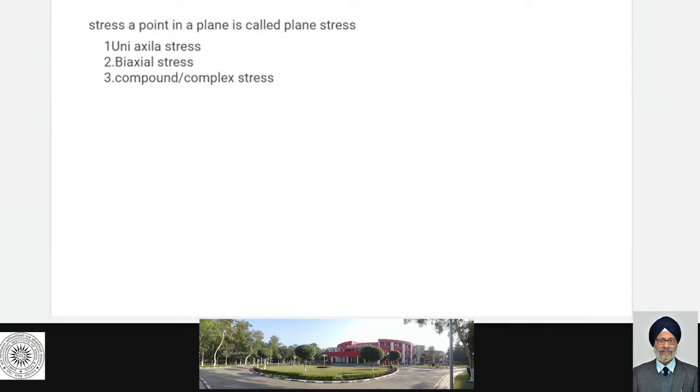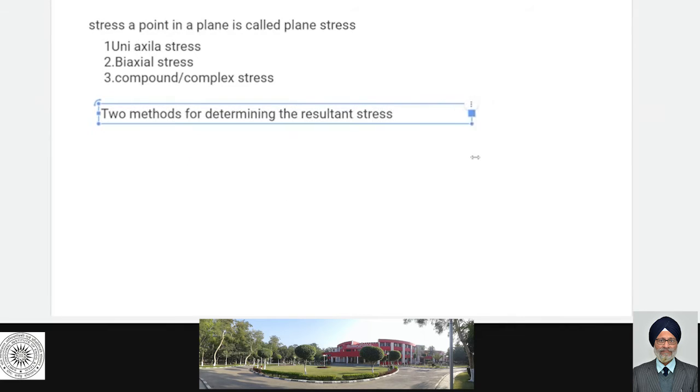Now there are two methods for determining the resultant stress.